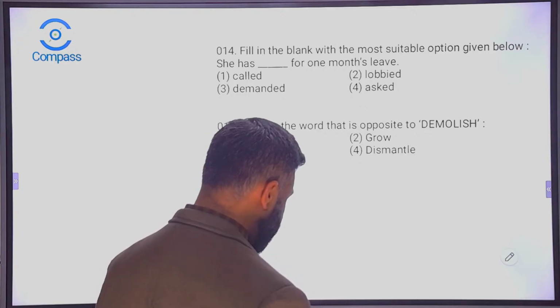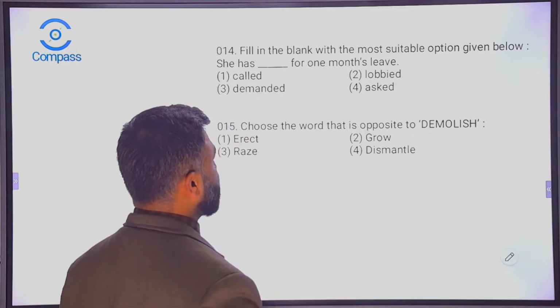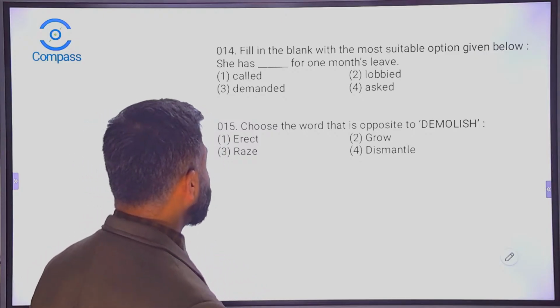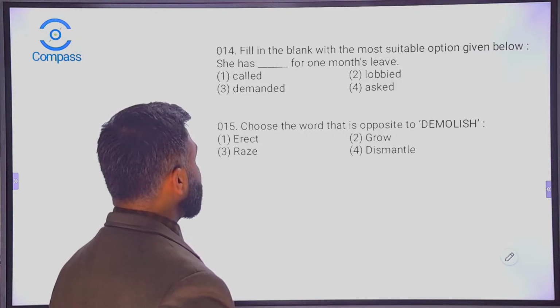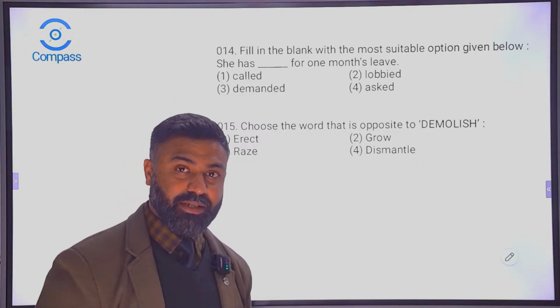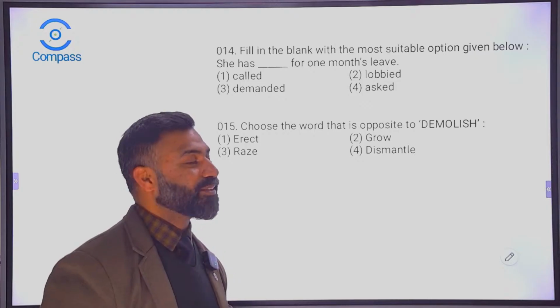Okay, question number 14. Fill in the blank with the most suitable option given below. She has dash for 1 month's leave. Okay, so she has demanded. What do you think? Can we demand for a month's leave? No, we cannot demand, right?